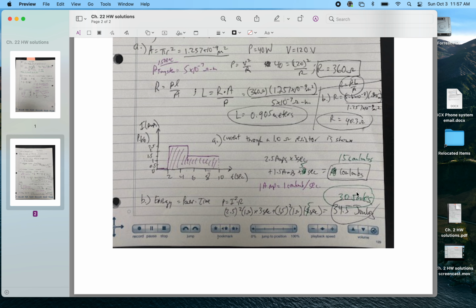I should end up with around 30 joules here because it's 5 seconds instead of 7. I use P equals I squared times R for power, and then I multiplied by time. So if you thought of this as 1.25 amps down here instead of 2.5, your answers would be slightly less.